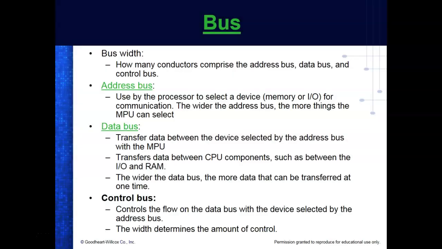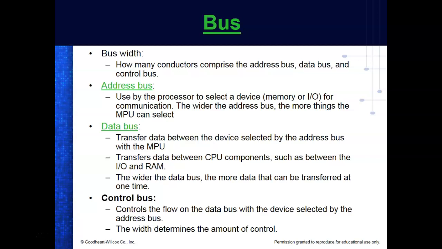So bus width, so address bus. What does the address bus do? I mean, to me, it's one of those things that just makes perfect sense. So what does the address bus do? Selects.